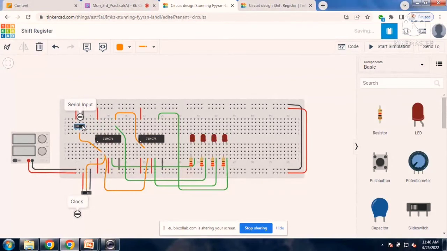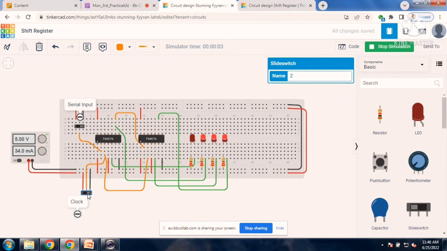So here at this time, when the serial input is 0 and the clock input is 0, under this condition the outputs are at 0000.